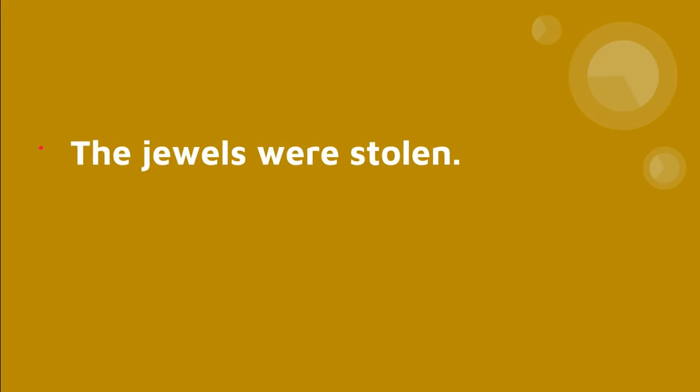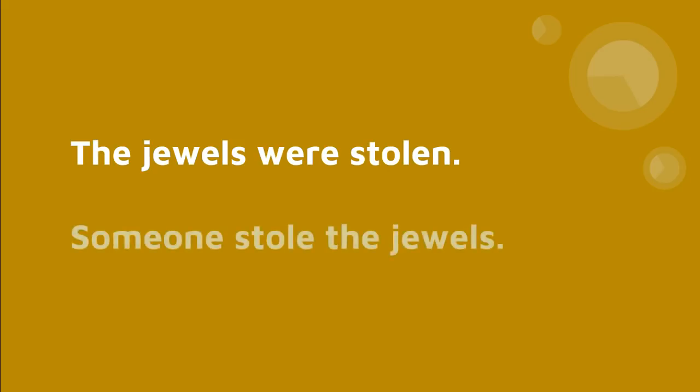The last example we're going to do deals with what happens when you don't know who's doing the action. We've got this: the jewels were stolen. We don't know who did the stealing, right? We have no clue. So this is where you have to get creative and inventive and sometimes just use common sense. We might say someone stole the jewels.